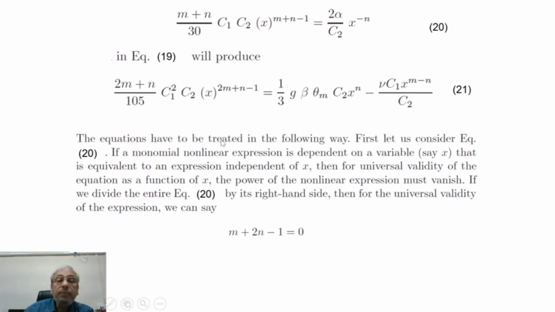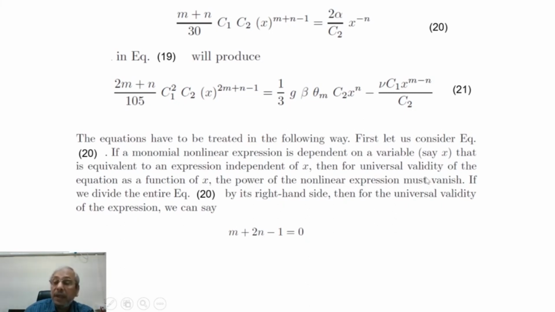The equations have to be treated in the following way. First, let us consider equation 20. If a monomial nonlinear expression is dependent on a variable, say x, that is equivalent to an expression independent of x, then for universal validity of the equation as a function of x, the power of the nonlinear expression must vanish.